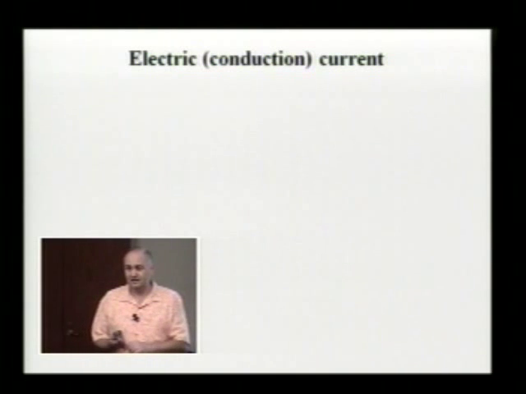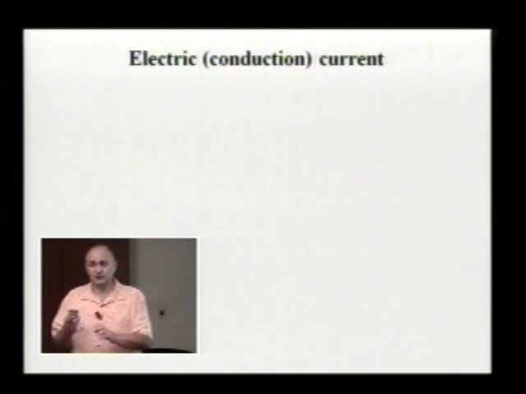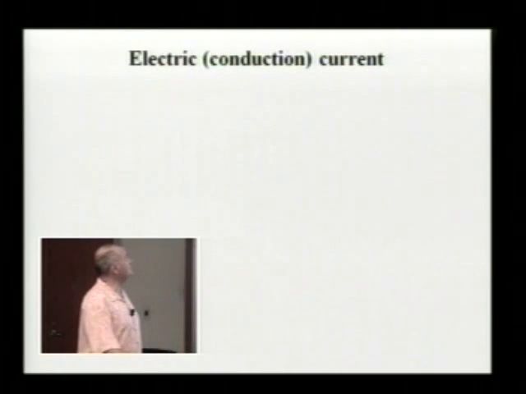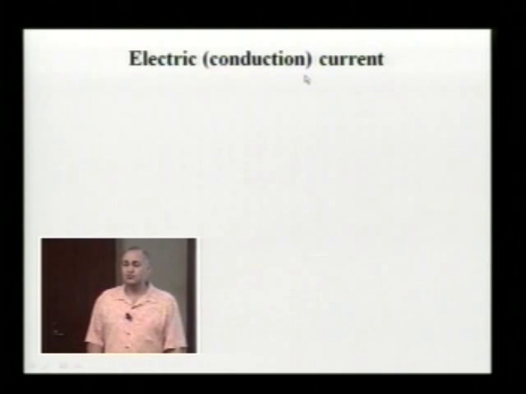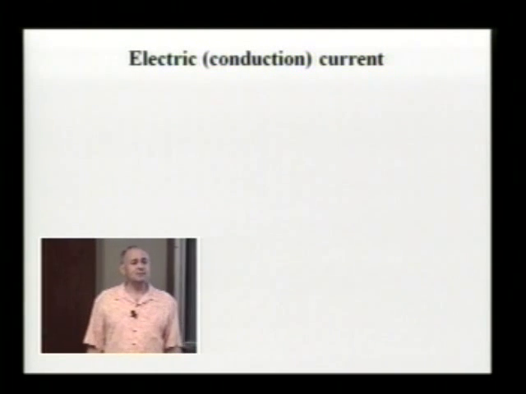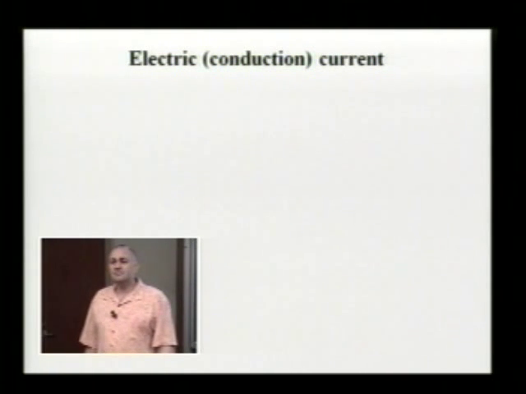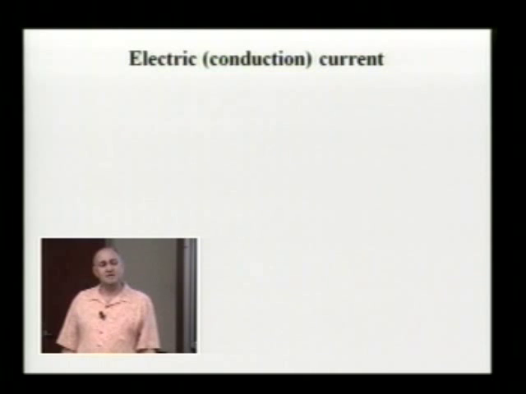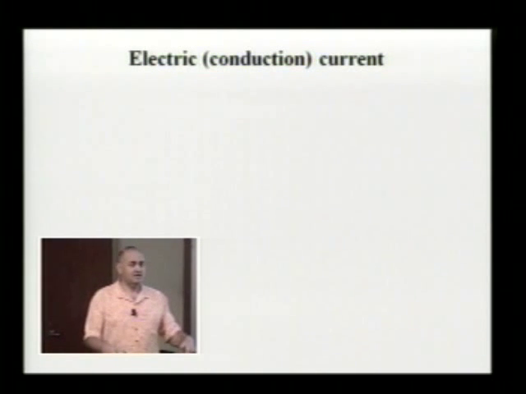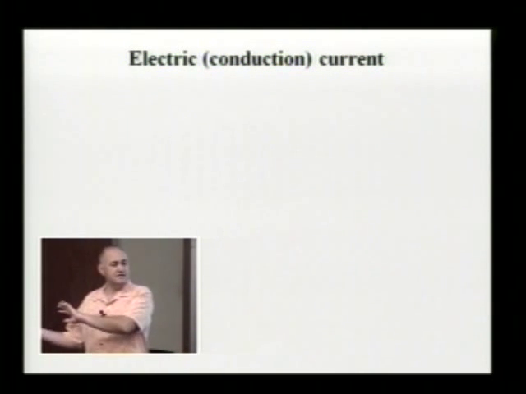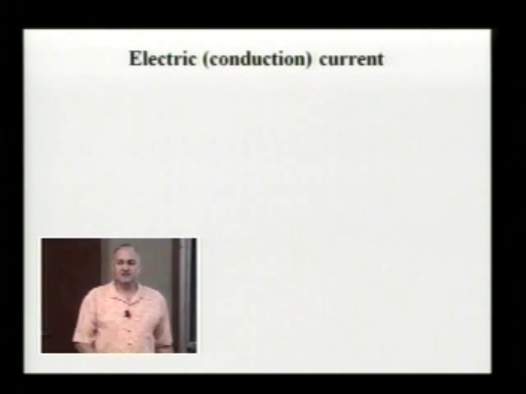That phenomenon of transferring charge from one side of the space to another is referred to as electric current, more precisely electric conduction current. Because in the future we will learn about a different type of current which is associated with changes in the electric field. That kind of current is referred to as displacement current. But today we are going to talk about conduction current, which is associated with charge carried by charged particles.